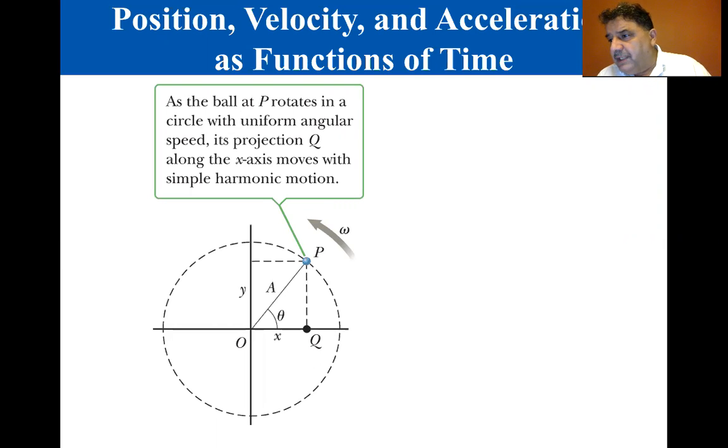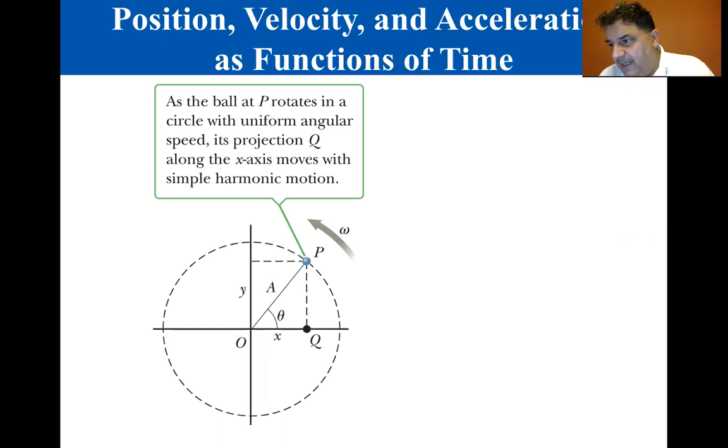As the ball rotates in the reference circle, you can see that the angle theta made by the line OP with the x-axis changes with time. At the same time, the projection of P on the x-axis, labeled point Q, moves back and forth along the axis with a simple harmonic motion.